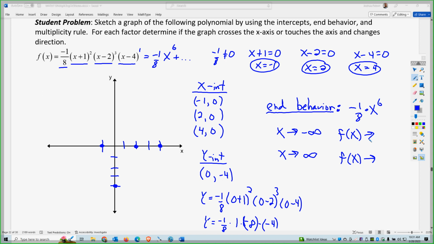Then I times it by a -1/8, it becomes a negative. I plug a positive infinity into x to the 6th, I get a positive, times -1/8 is a negative. So in this one, it goes both down. And you should understand from the prior section that even functions either both go down or both go up, and odd functions go in opposite directions, up, down, or down, up, as far as end behavior goes.